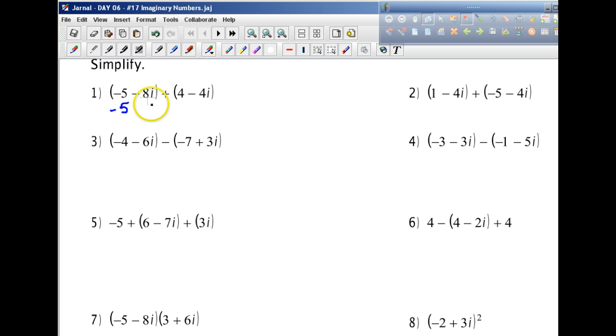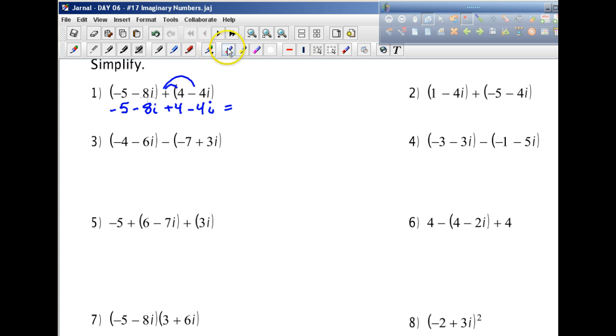So when we have a positive, that really negates the need for parentheses in the first place, because a positive times 4 is just positive 4. A positive times negative 4i is just negative 4i. It's the same thing without the parentheses when there's a positive.